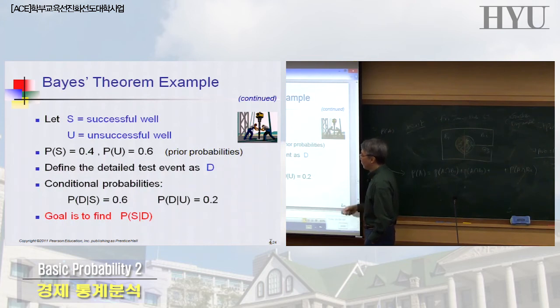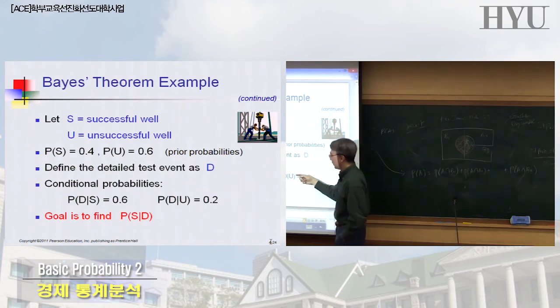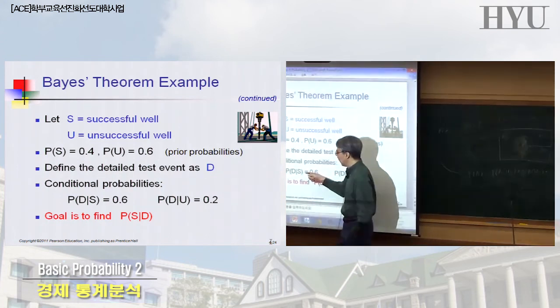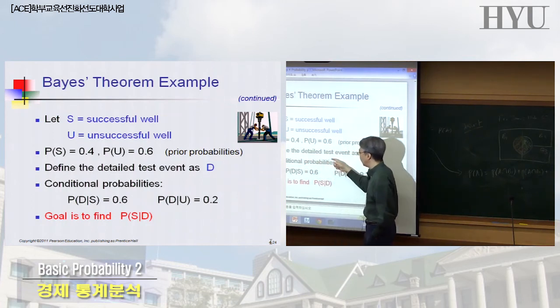And then we can use another event or another piece of information. Let's say that event is D, the detailed test.